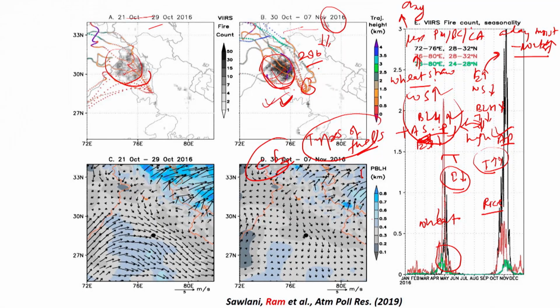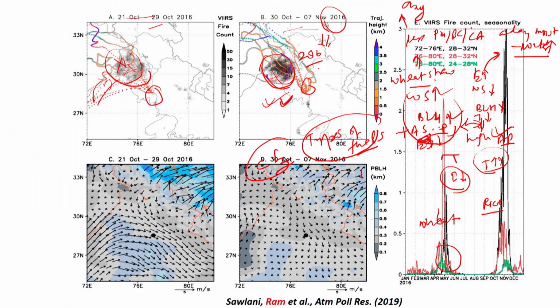Of course, the majority of the winds were coming from this side, so they did not pass through the polluted region. This region did not have very high pollution, but the contribution of pollution was still very high here. So you can imagine, if the wind passes over the source region, you will have more pollution; if it comes from cleaner areas, you will have less pollution.